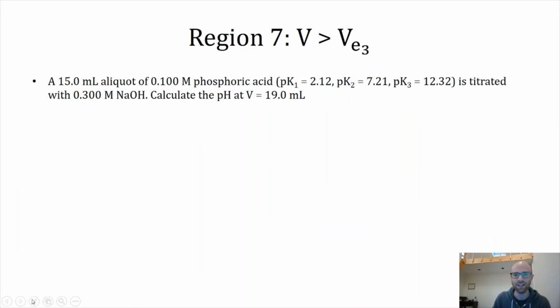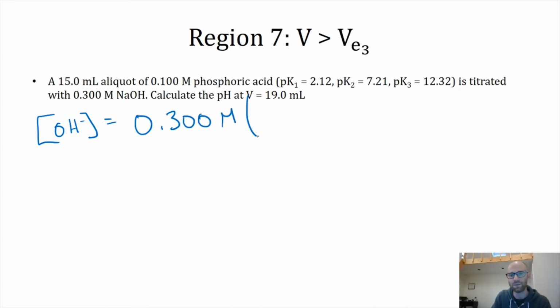And then moving on into region 7, which is the old region 5 with excess base, we do the same exact thing we would have done before, where we have our base and it's being diluted, but the amount that's being diluted is only the excess. So 15 milliliters goes towards the titration. There's 4 left over. We now have a total of 34 milliliters, and the hydroxide concentration is 0.0353 molar.